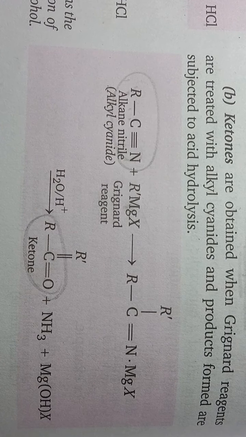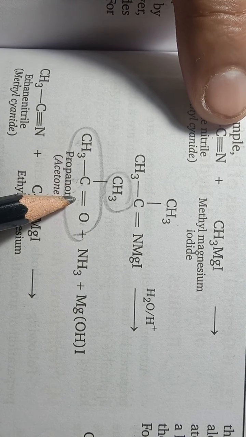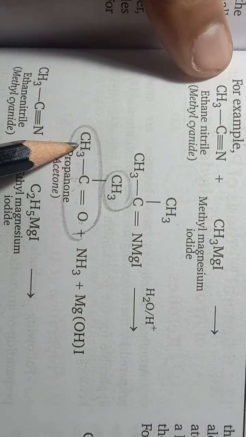So this related part you have to take in the form of alkyl nitrile. So this alkyl part is here, this C is here, and this O is changed here in the form of triple bond N. Okay, so CH3CN is here in the form of CO.